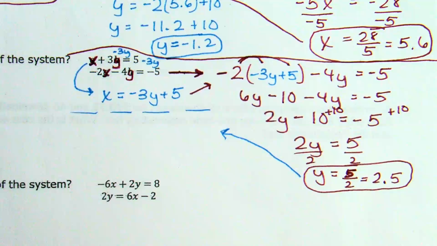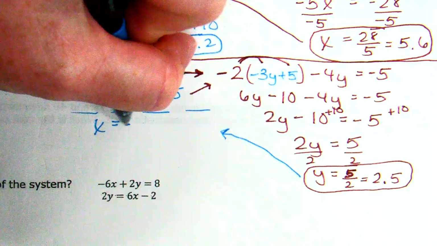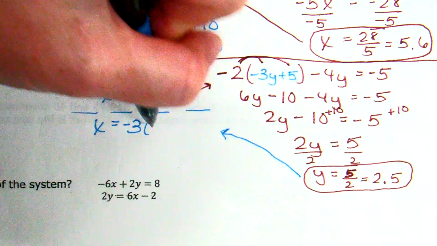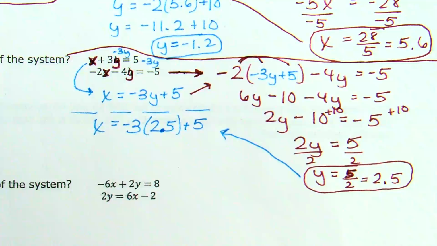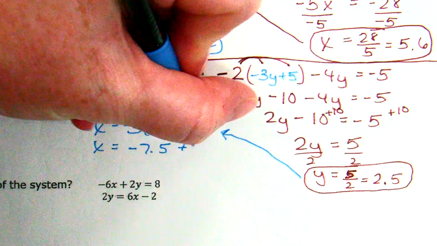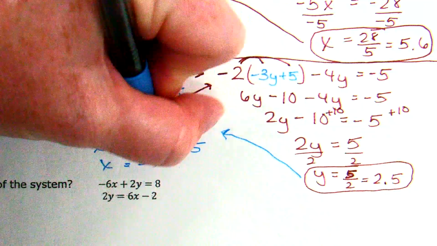So x equals negative 3 times 2.5 plus 5. So negative 3 times 2.5 is negative 7.5 plus 5 is negative 2.5.